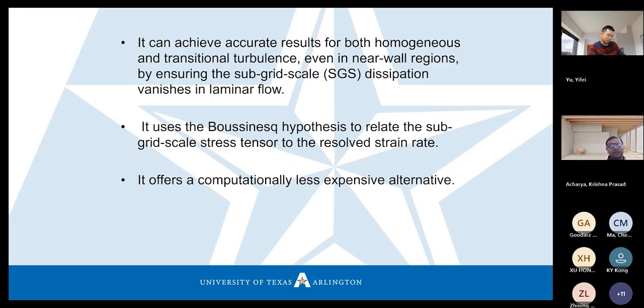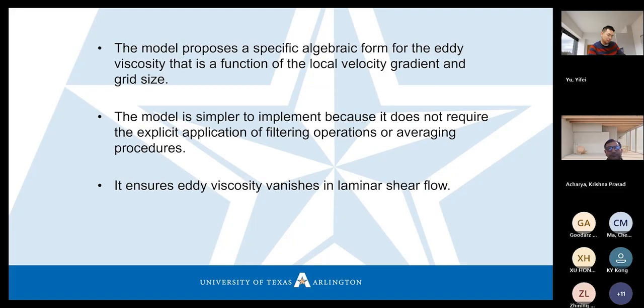The Vreman model uses the Boussinesq hypothesis to relate the subgrid scale stress tensor to the resolved strain rate. It offers a computationally less expensive alternative. The Vreman model proposes a specific algebraic form for the eddy viscosity that is a function of the local velocity gradient and grid size.